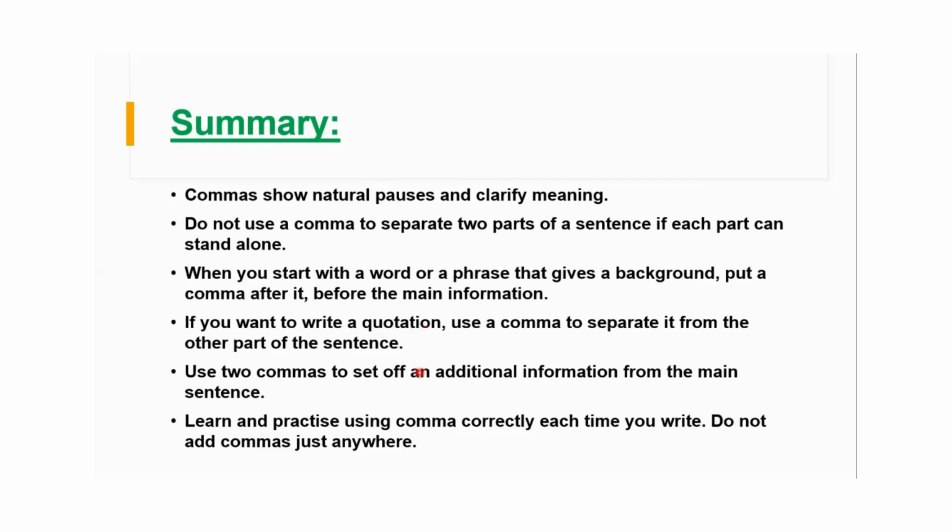Then we also said that whenever we're giving additional information which could be important or not important, we should bracket them or set them off with two commas, one at the beginning, one at the end. So we need to keep on practicing how to use our commas each time we write. We should not add commas everywhere.